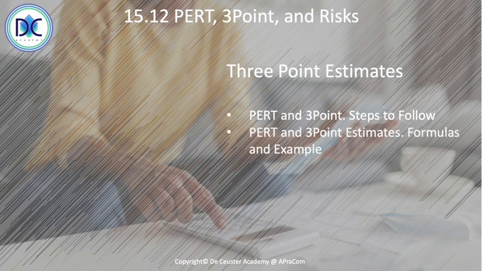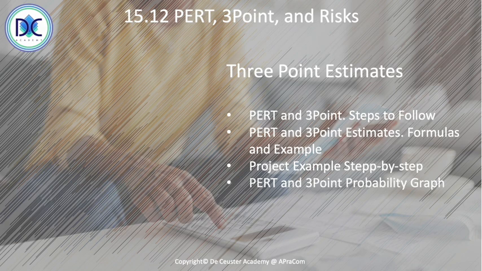We look at the different steps to follow. Then we look at the PERT and the 3-point estimates with some formulas and some examples. Then we have a project example step by step, the PERT and the 3-point probability graph, and the PERT and the 3-point probability graph when we are considering the near critical path.